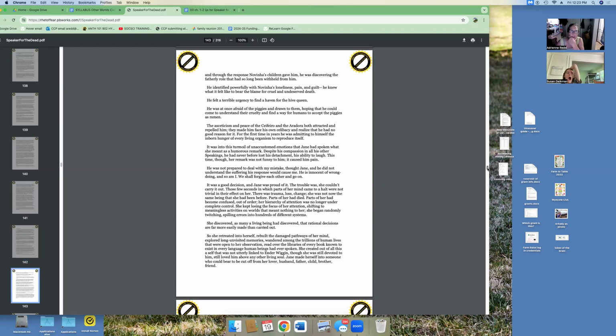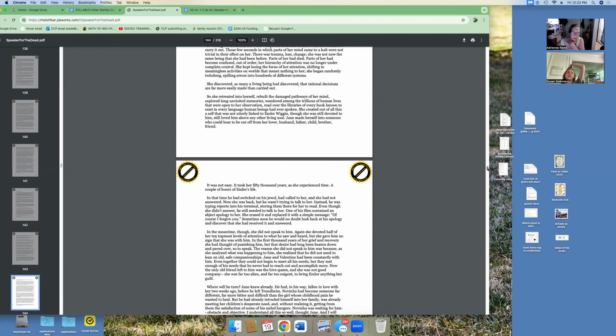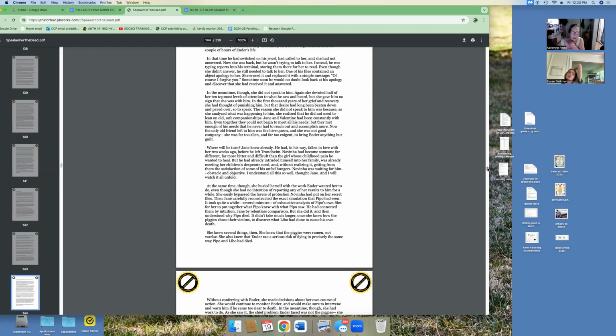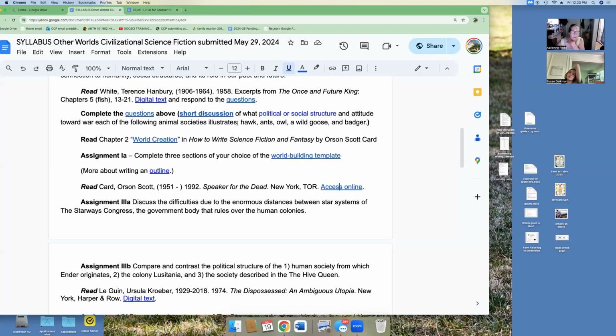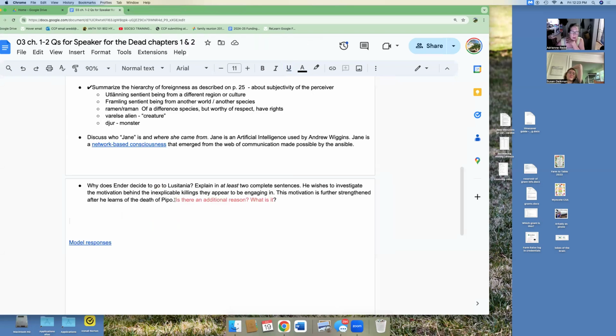And so the two additional reasons for going to Lusitania are, one, to create a possible home for the Hive Queen, and because he's so isolated, he wants to meet Novinha, who initially issued the call for the speaker.